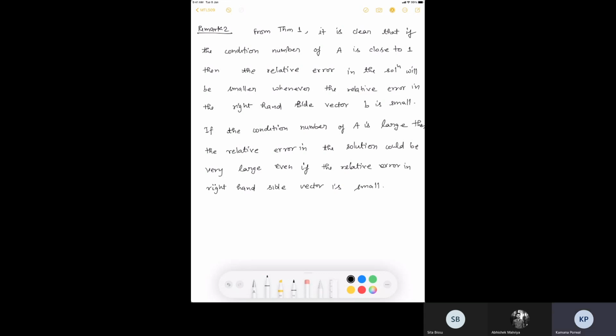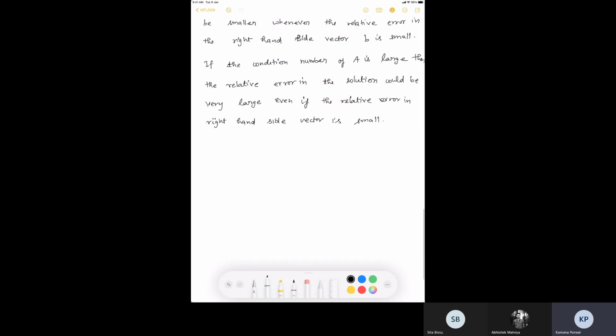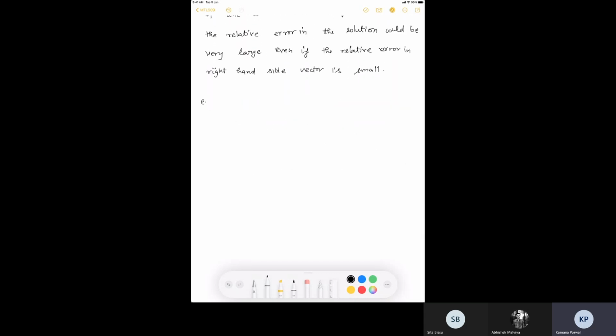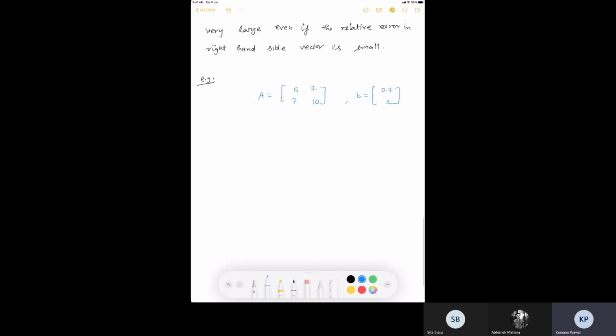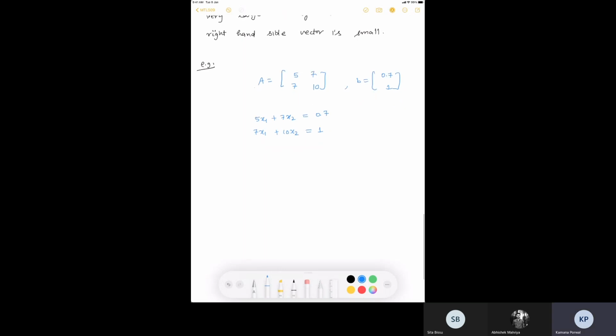Okay, so let's take one example to observe this phenomenon. I'm just taking the matrix A as 5, 7, 7, 10, right? And take the vector B as 0.7 and 1. So basically, I'm interested in solving this system: 5x1 plus 7x2 equals 0.7, and 7x1 plus 10x2 equals 1.